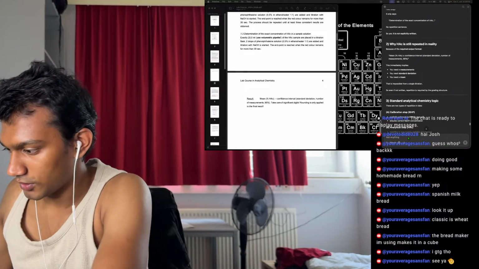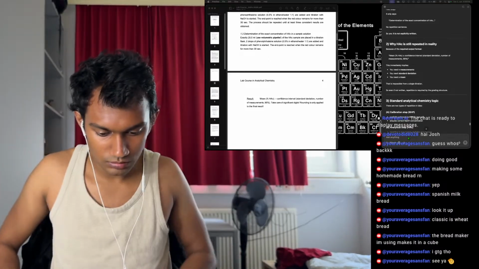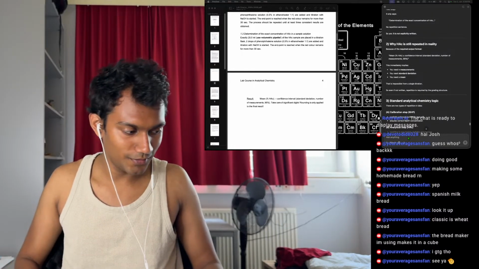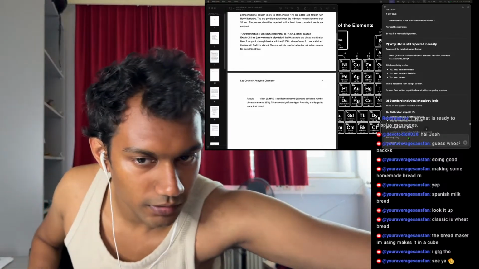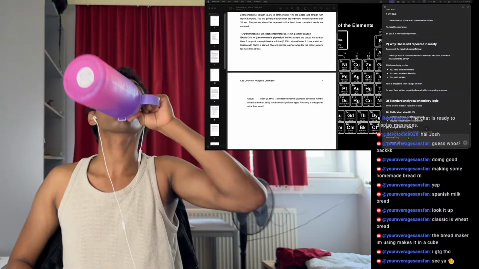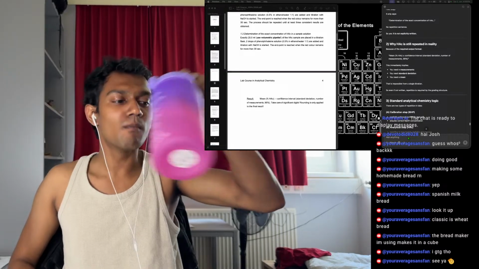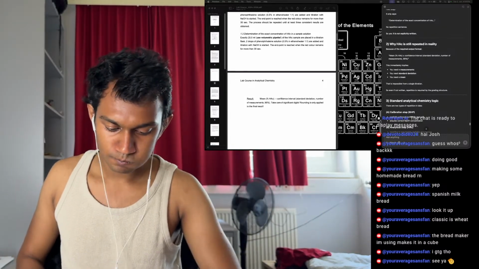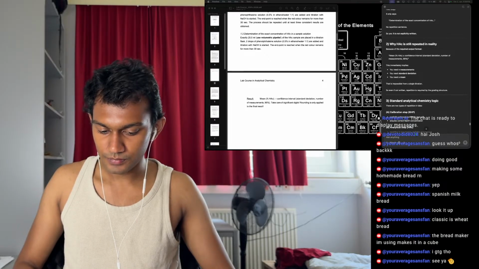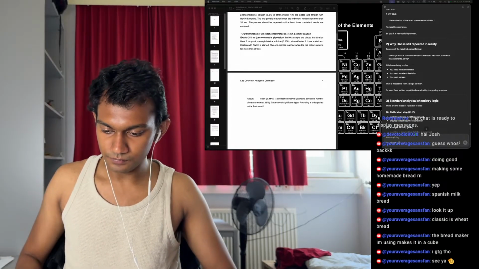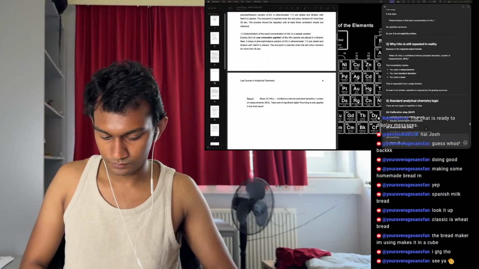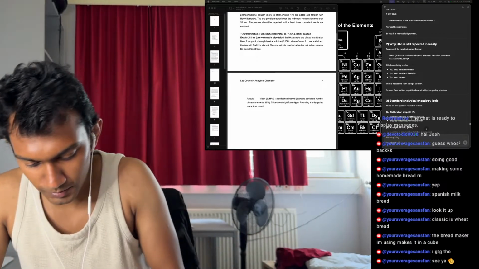Start with the writing process. One person told me that it doesn't matter if you don't have a lab journal, but I still have a lab journal, so I'm gonna use it. No, I'm gonna use this page.